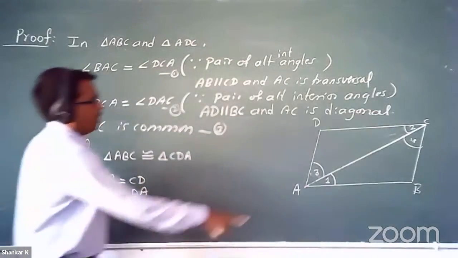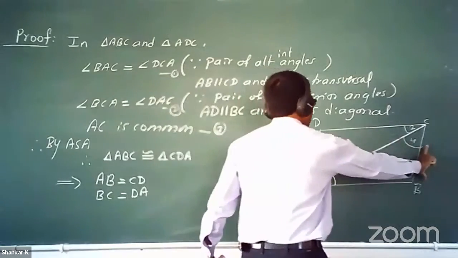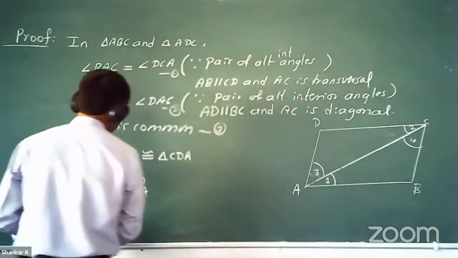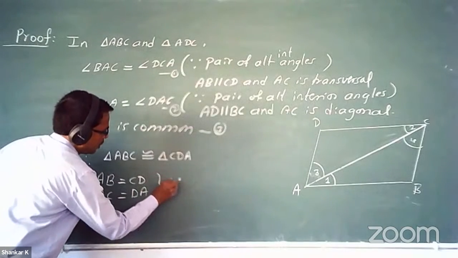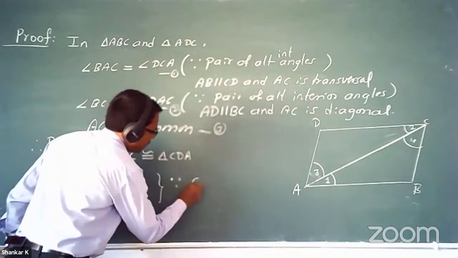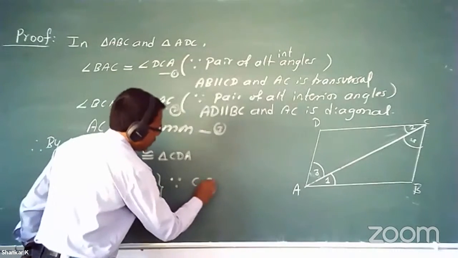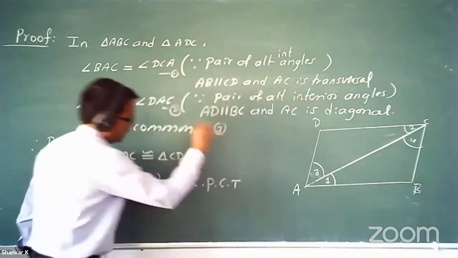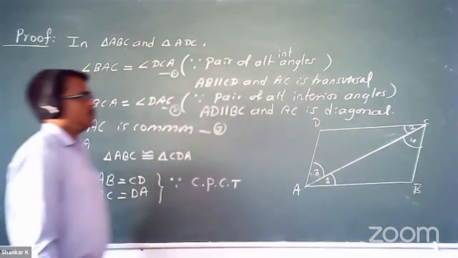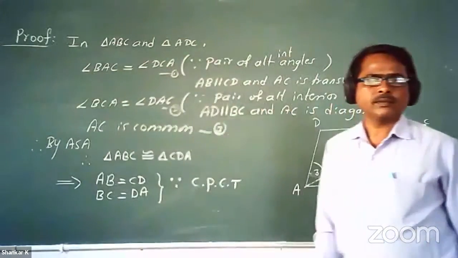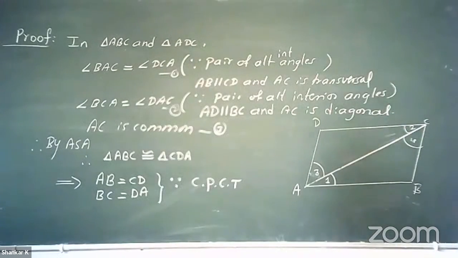AB equal to CD, BC equal to DA. Opposite sides are equal. Why? Because these are corresponding parts of congruent triangles. This is true. You understood or not? Any doubt, you can tell me. No, sir.